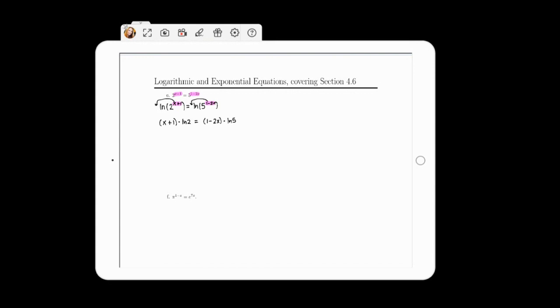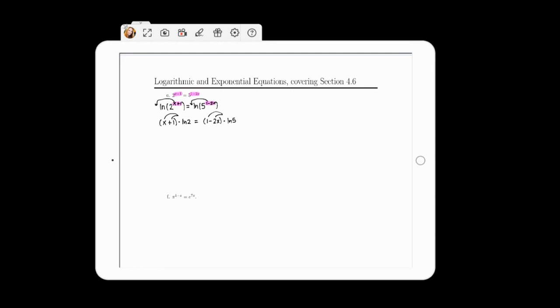And the way that we solve linear equations is that we get all x's on one side, all constants on the other side, and then we isolate. In order to do this, I need to distribute these constants. So that's why I said be careful to put the parentheses. Don't forget that they're there.